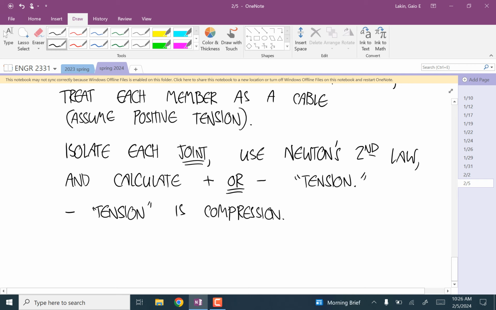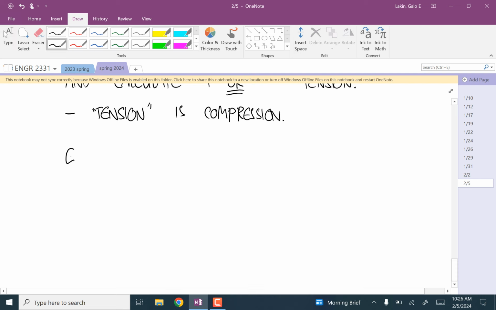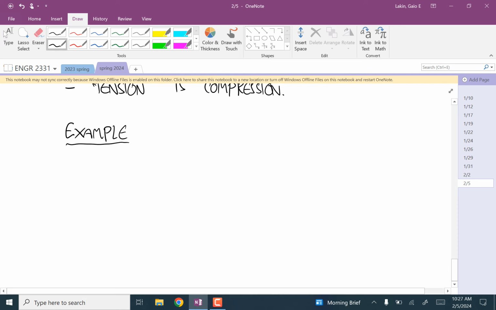Okay, so let's make a truss and just calculate the stresses in each one of these members, at any points along each one of the members. So here's the example. Let's say that it's an equilateral triangle. And all the joints are pin joints.